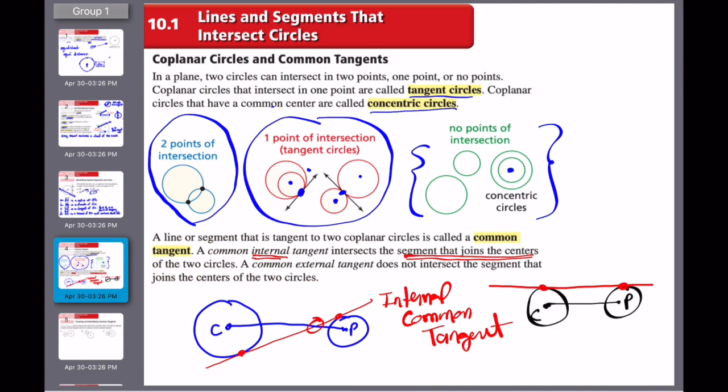So we would call this an external common tangent. So an internal goes between the 2 circles, an external does not go between the 2 circles. That's another way to look at it, but we just wanted to examine the book's definition.